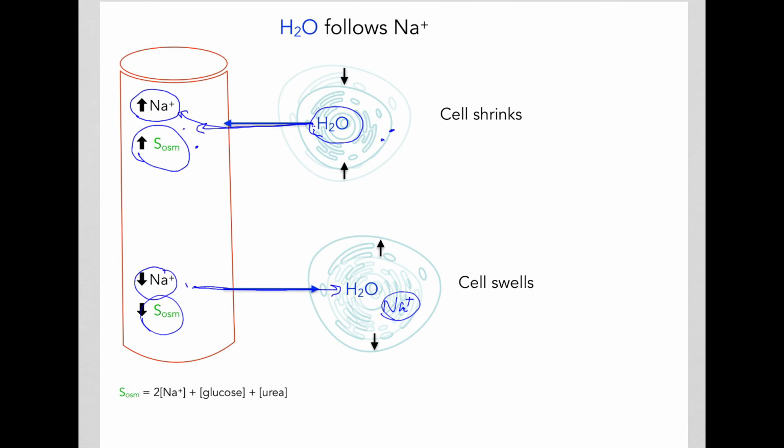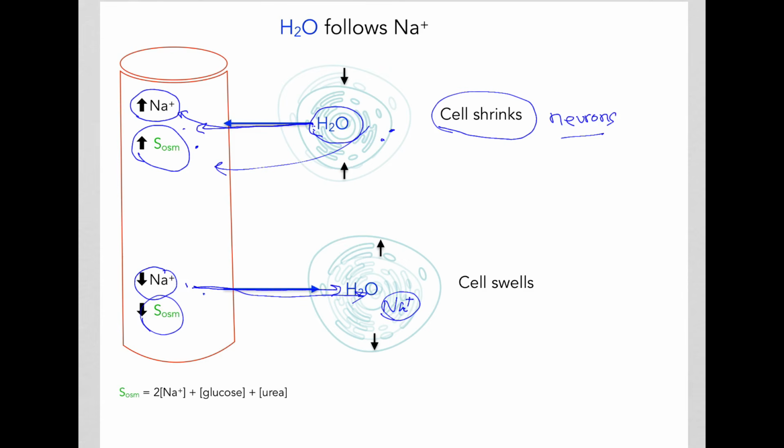So the water is going to go to where the sodium is. So in the first case, when water leaves the cell, you can see the cell is going to shrink in volume. And for most cells, this may not be a problem, but for neurons, it may be a problem, and we'll see that in future videos.